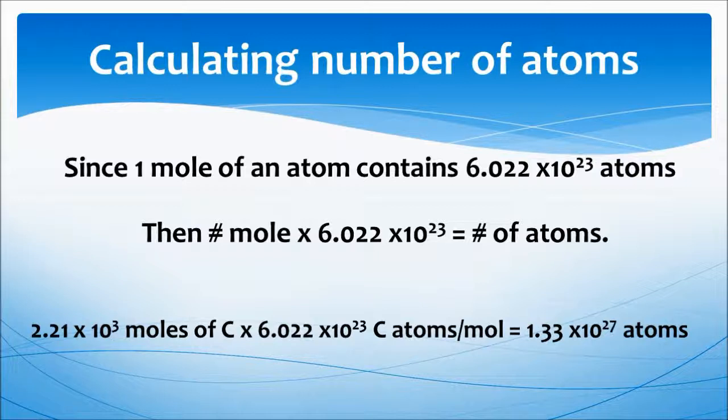Multiply that by Avogadro's number, 6.022 times 10 to the 23, and you will find that you have 1.33 times 10 to the 21 atoms in that 0.0265 gram of pencil lead.